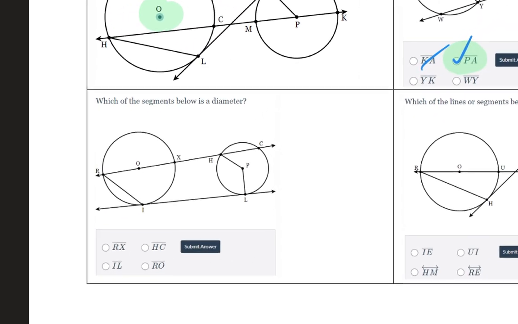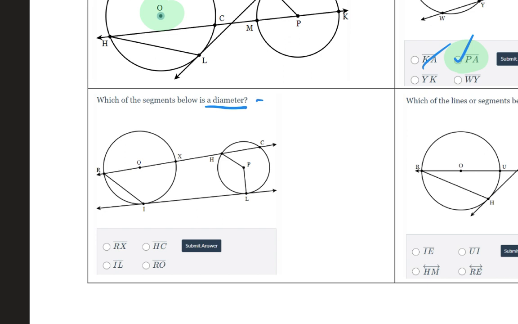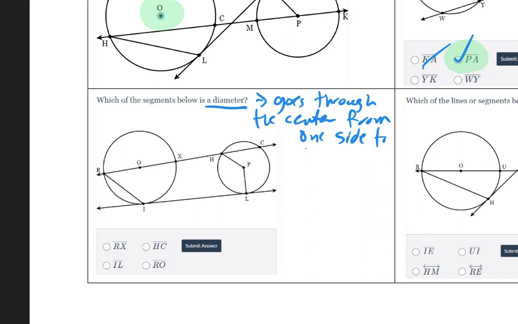Which of these segments below is a diameter? A diameter goes through the center, from one side to the other.